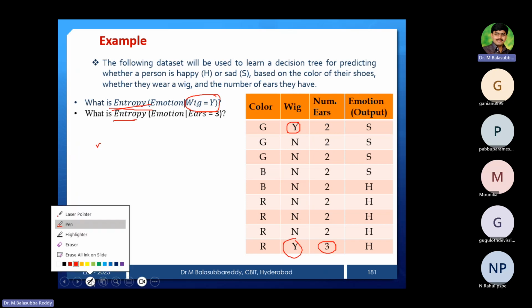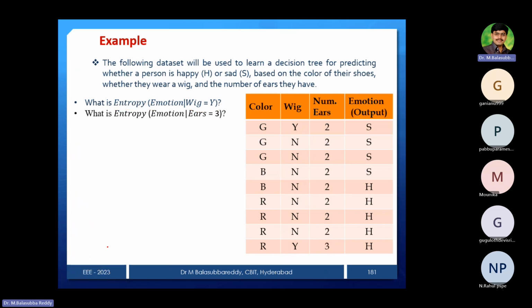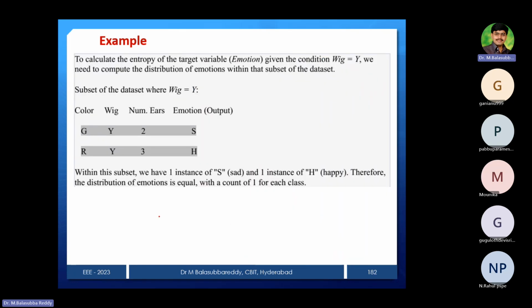Now for this case, we have to calculate the entropy. First we'll see this one: the entropy of emotion with wing is yes. So wing is yes, this is one row and another row is this one. These two I have to write first. From the data set with wing is yes, I have taken two cases.